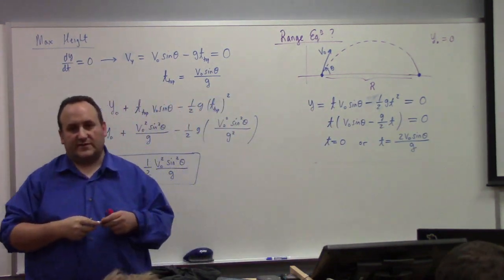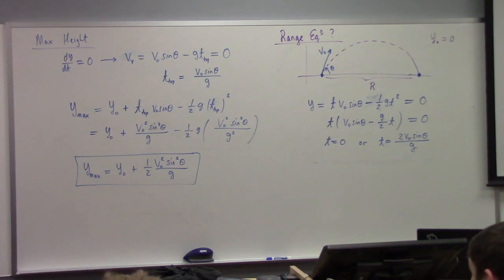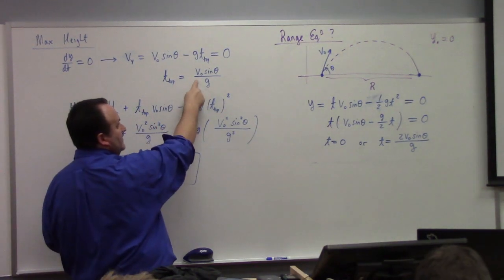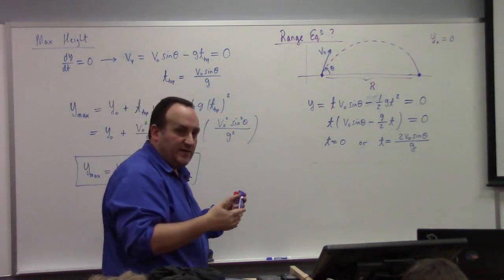Which one of those are we interested in? And does this make sense? Tell me why this makes sense in view of the last derivation that we just did for max height. See how much time it took to get to the top? V naught sine theta over g, right? And now I've made the situation symmetrical.